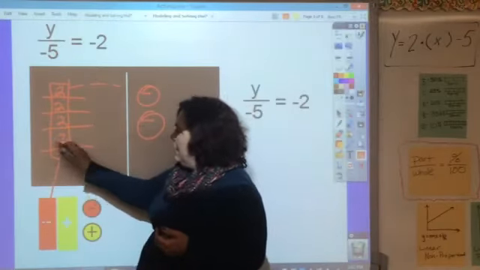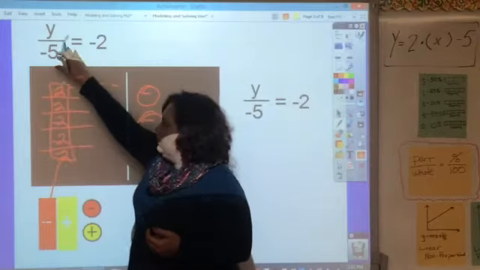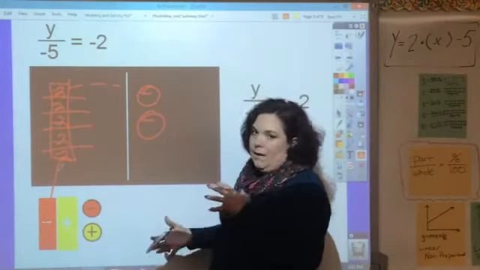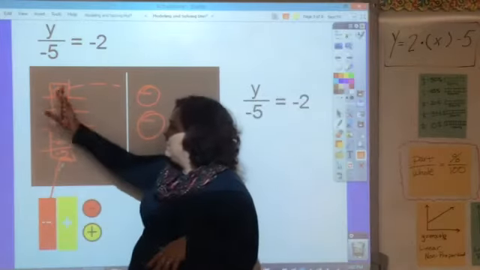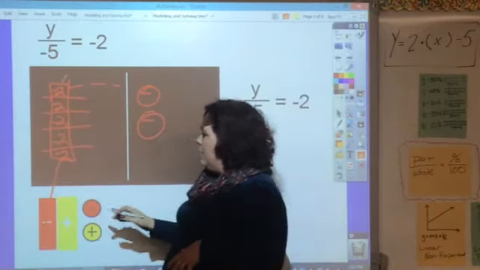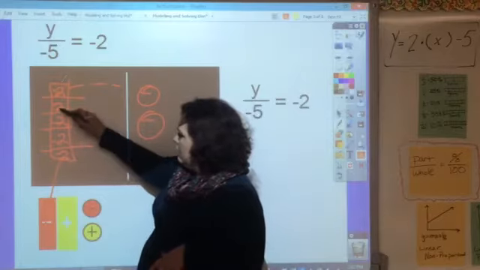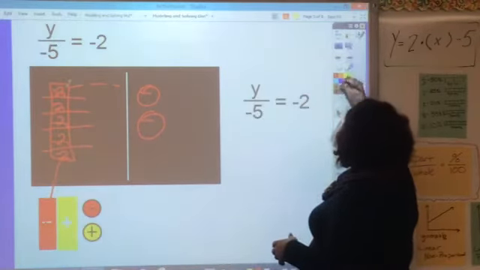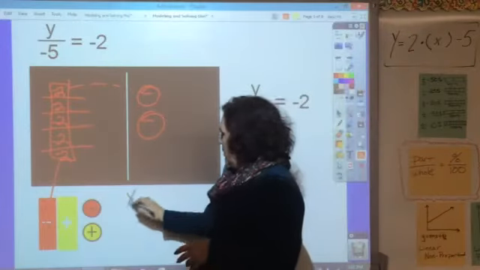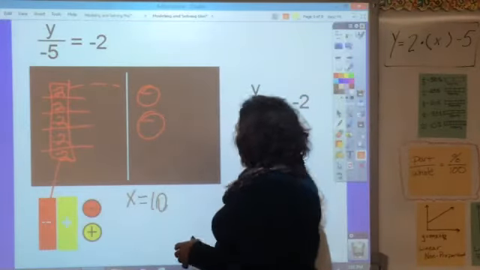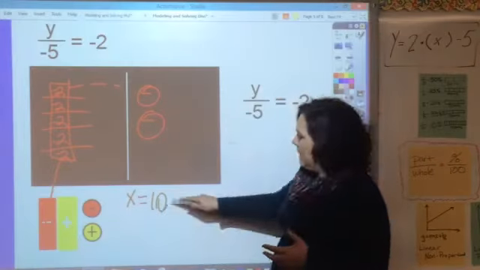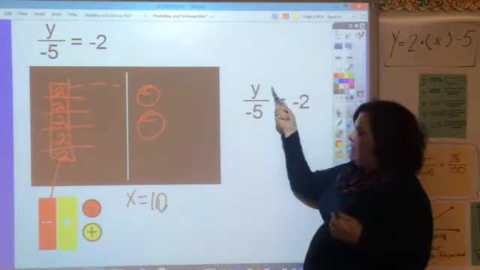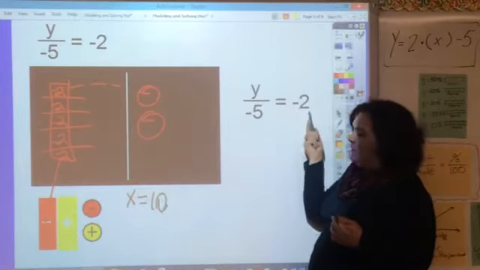And these are all negatives. But because this was a -x or a -5, it makes them positives because it's the opposite of a negative. So this is 2, 4, 6, 8, 10. Opposite of negative is +10. So x equals 10. And then if you put it back in, 10 divided by -5 is -2. A positive divided by a negative is a negative.